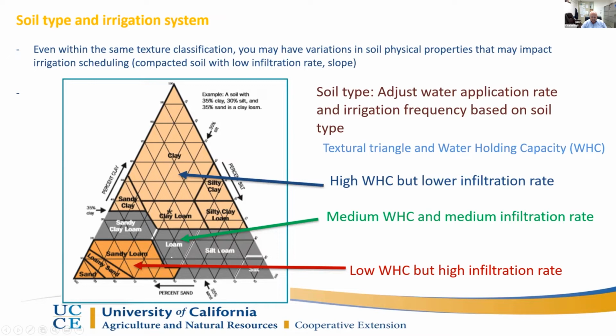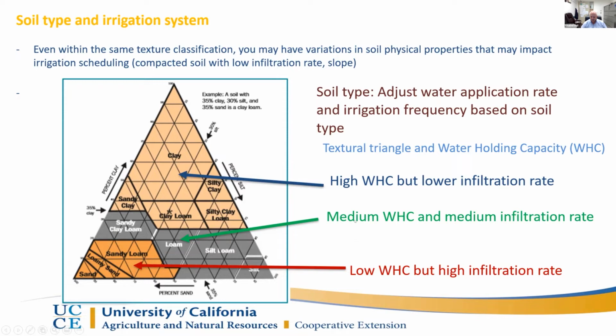And now if we look at the light soils, like sandy loam, loamy sand, and sand, those are the soils that have lower water holding capacity. I need to irrigate more frequently and with smaller amounts, but they have higher infiltration rates. The infiltration rate is very important when we're looking at other practices related to SGMA, like if we want to do groundwater recharge, we want to be looking at soils that have medium texture and light texture.